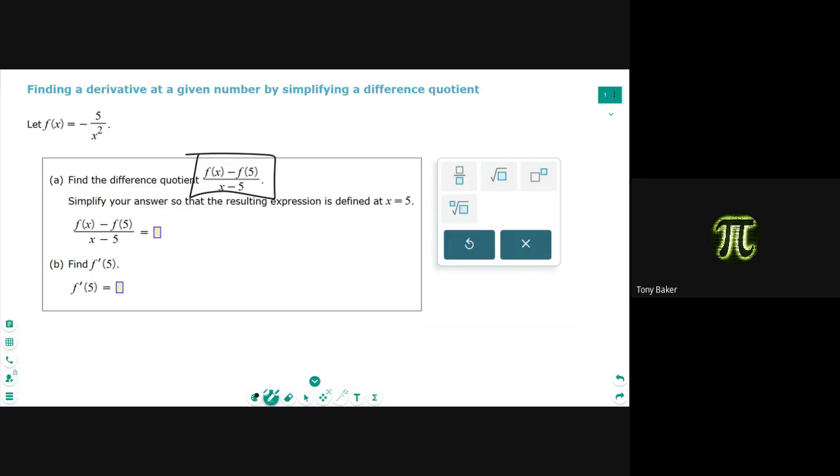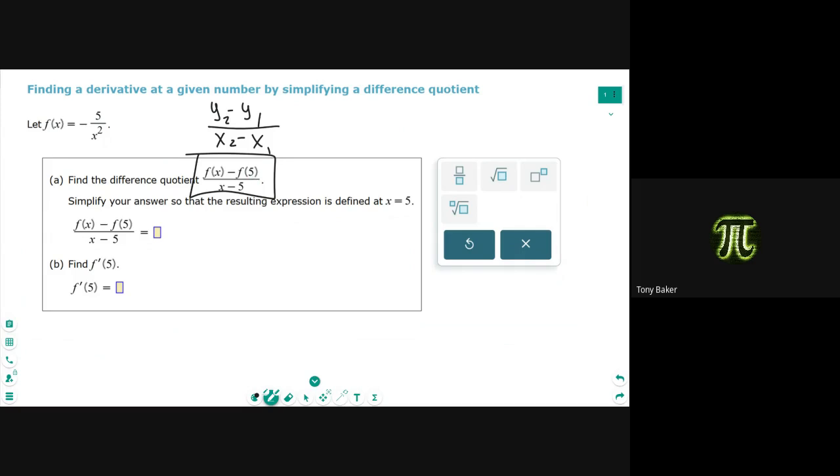What's another way to say f of x? That's y. And that's a different y. And that's an x. And that's the x when you plug in that y. So if x was 5, you plug it in there, you get the y. That's slope. So this difference quotient is just slope.